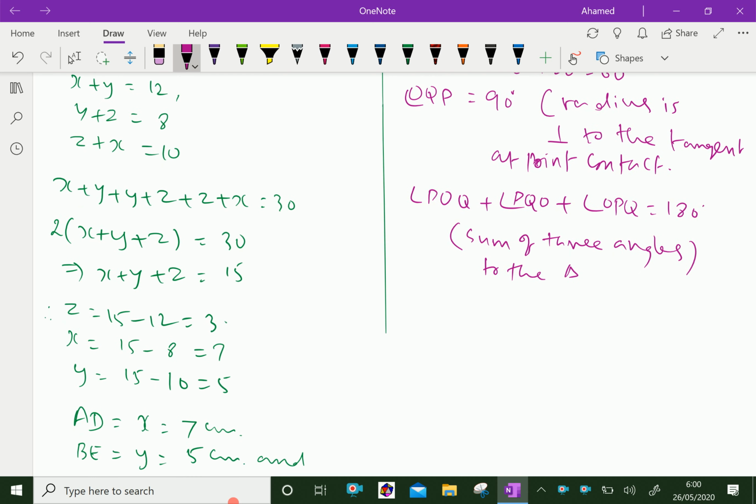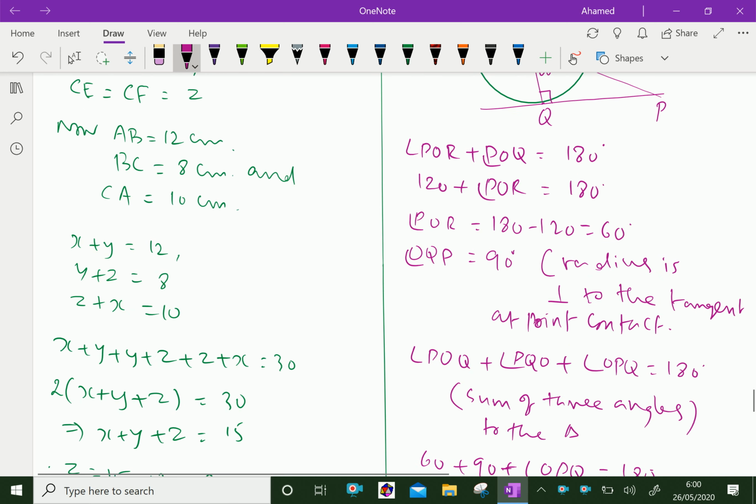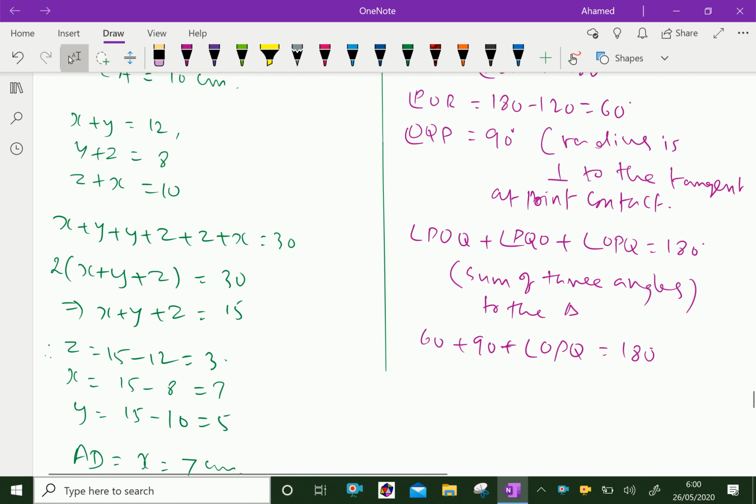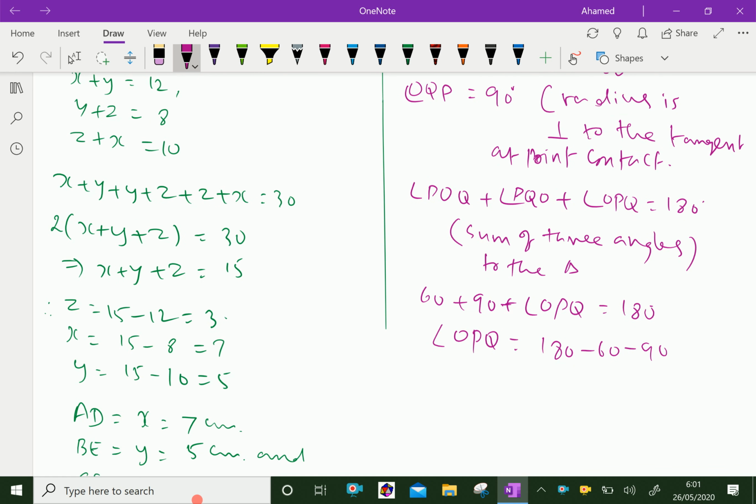Therefore, we can say 60 plus 90 plus OPQ equals 180 degrees. Then angle OPQ equals 180 minus 60 minus 90, therefore angle OPQ equals 30 degrees.